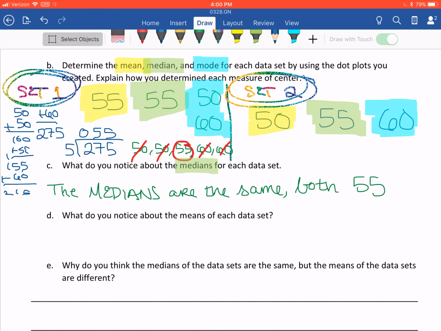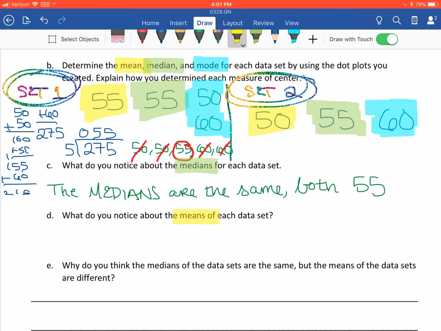The next question it asks us is, what do we notice about the means of each data set? The means are those highlighted in yellow. Well, I noticed that the mean for my first data set is 55, and the mean for my second data set is 50.